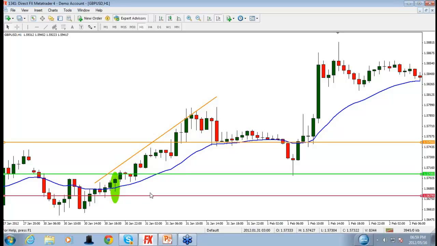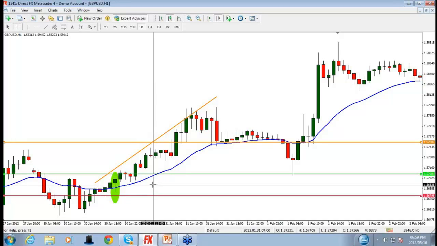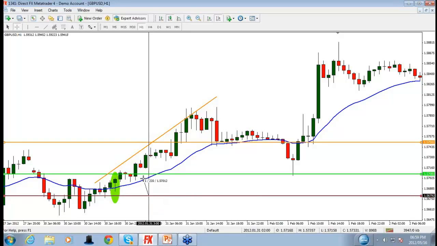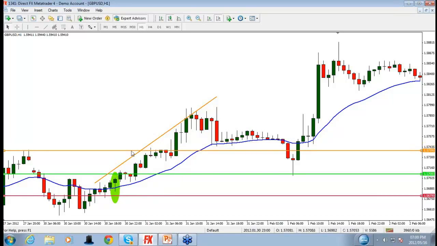I find out what my risk is and I measure that, and it's 28, roughly 29. So I will go for a 1-on-1. So I will take the same as the risk. So roughly I'm going to move that there. So that's it. I've got my pending order. To be precise in detail, that will be a buy stop.